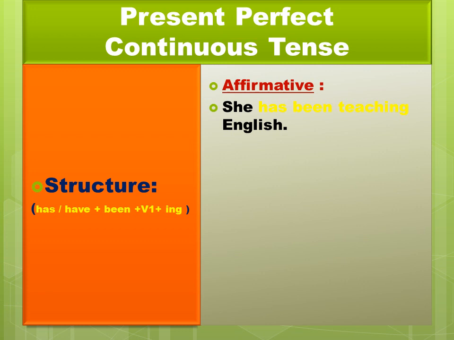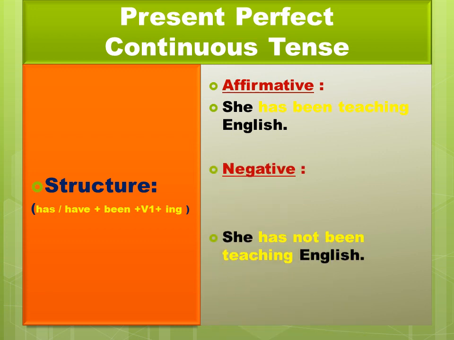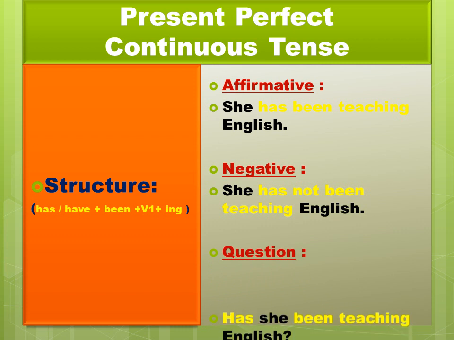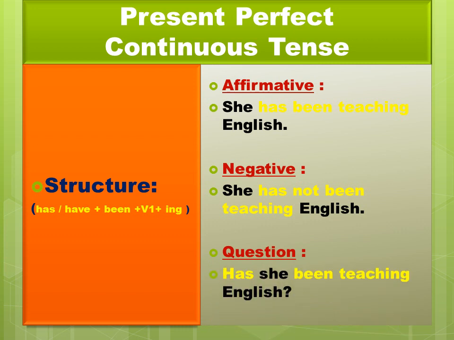English is the object. Now let's see the negative sentence. She has not been teaching English. Here again we have used the word not to show the negativity. How to frame a question? Has she been teaching English?